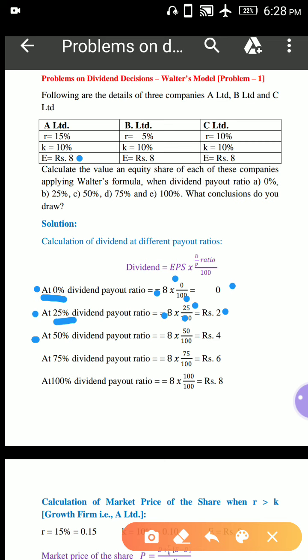And at 50% dividend payout ratio, EPS 8 into dividend payout ratio 50 divided by 100, that is equal to rupees 4. And at 75% dividend payout ratio, EPS 8 into 75 divided by 100, that is equal to 6. And at 100% dividend payout ratio, EPS 8 into 100 by 100, that is equal to 8. Now these are the dividends.